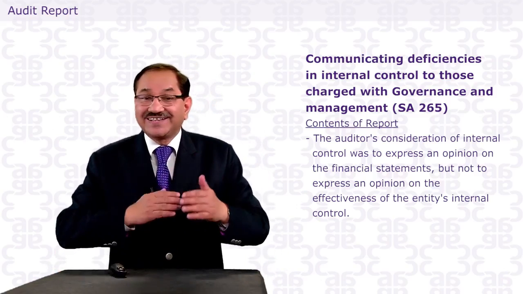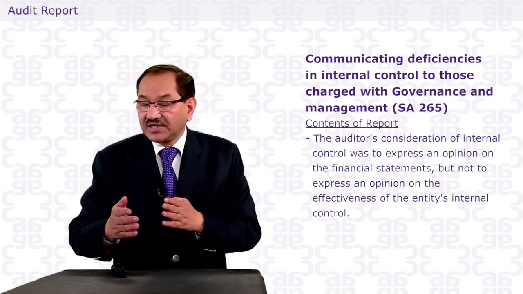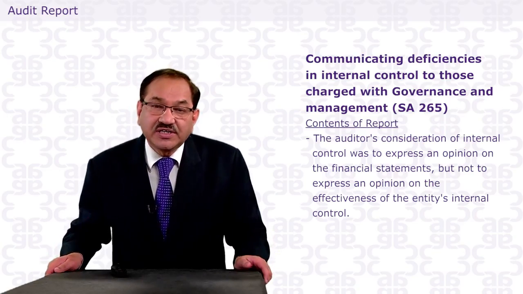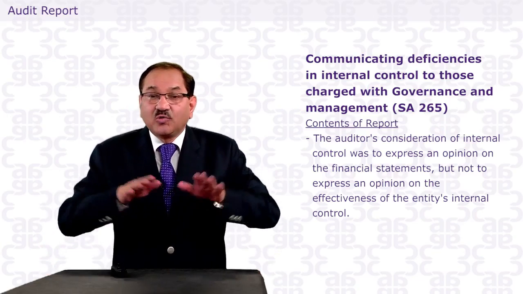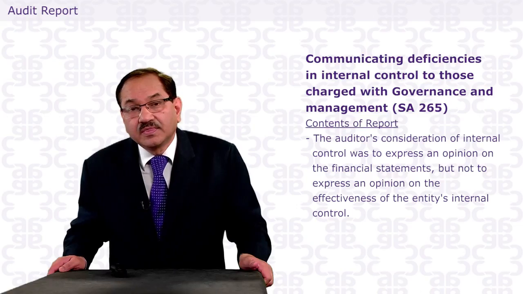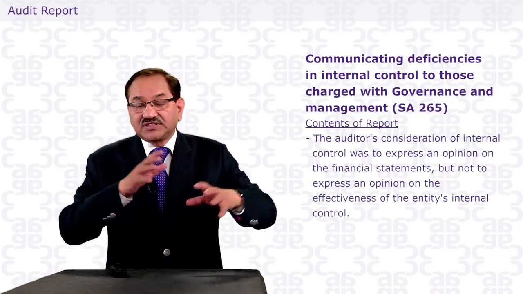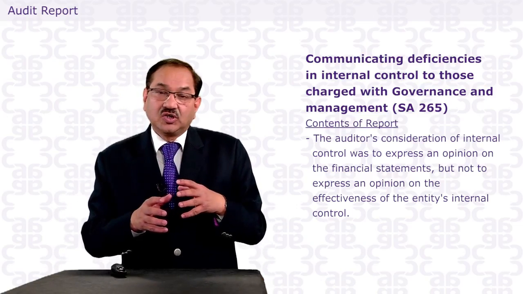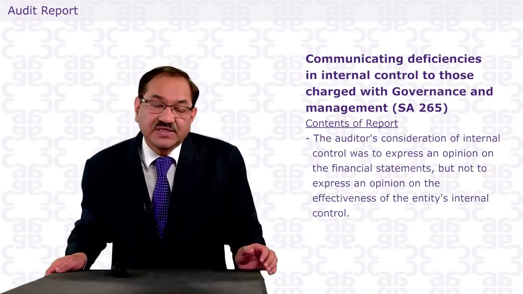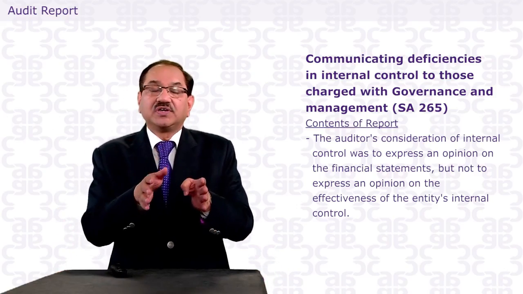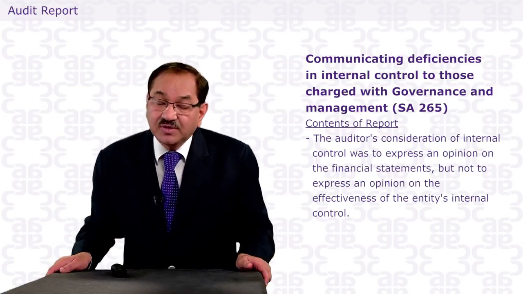All audit processes are designed to give us sufficient and appropriate audit evidence to express an opinion whether these financial statements are true and fair. These audit processes are not designed to give an opinion on the effectiveness of the internal controls.